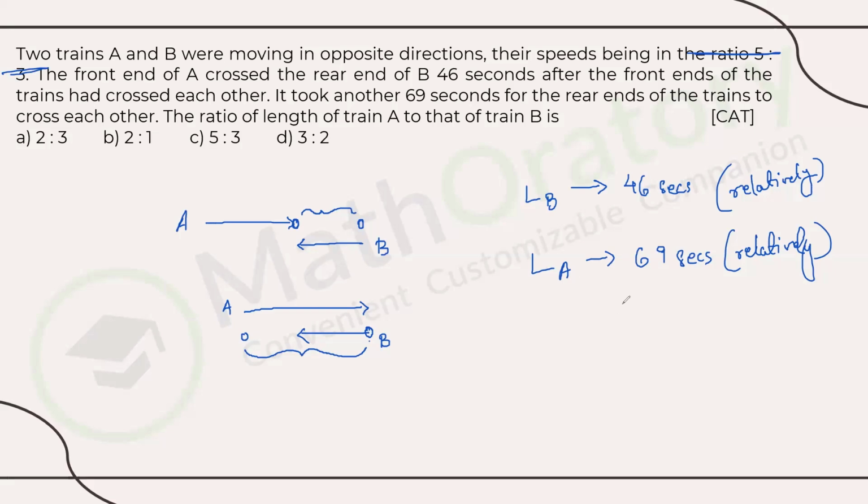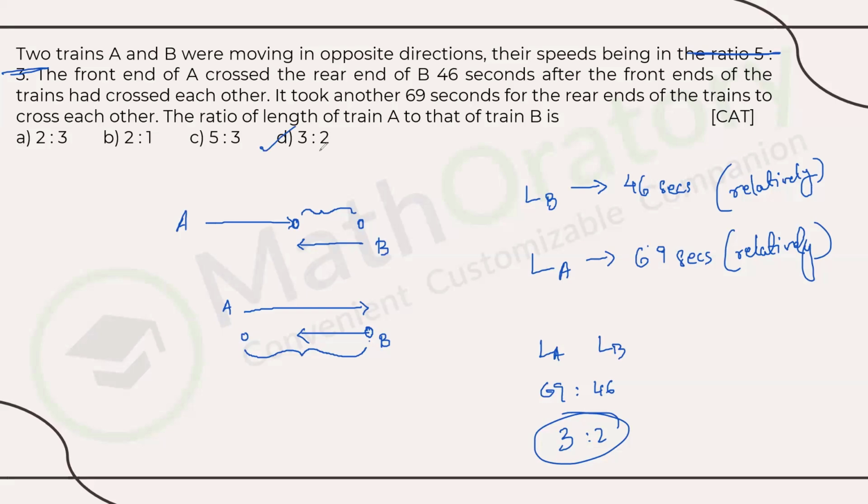We have the length of A and the length of B traveled in 69 seconds and 46 seconds respectively with the same relative speed. So the lengths of A and B should also be in the ratio 69:46. Speed is constant, so time is directly proportional to distance. So we have a ratio of 3:2. Always double check. We are looking for train A to train B, so it is 3:2. So that is option A.